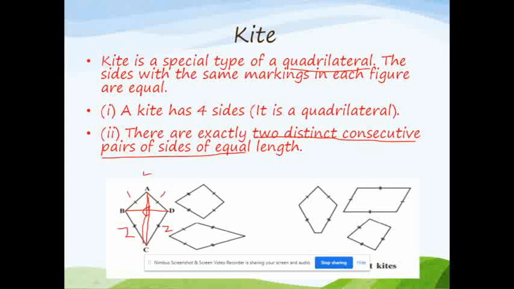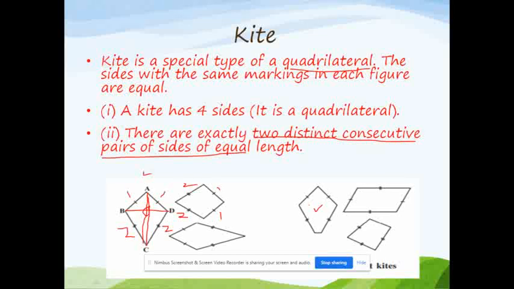So AD is consecutive to CD, as well as AB is consecutive to BC. According to the condition, AB is equal to AD and BC is equal to CD. Look at these figures also. You can see this side is equal to another, a consecutive side of that one. Look at this. Actually, this is not a quadrilateral.